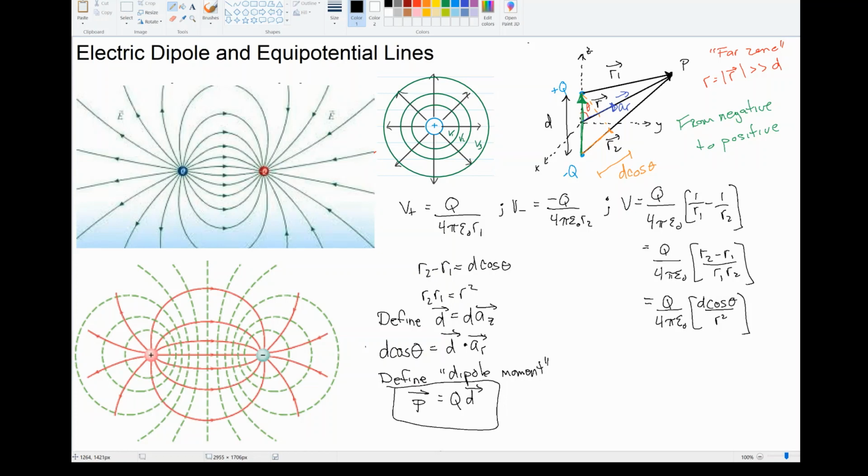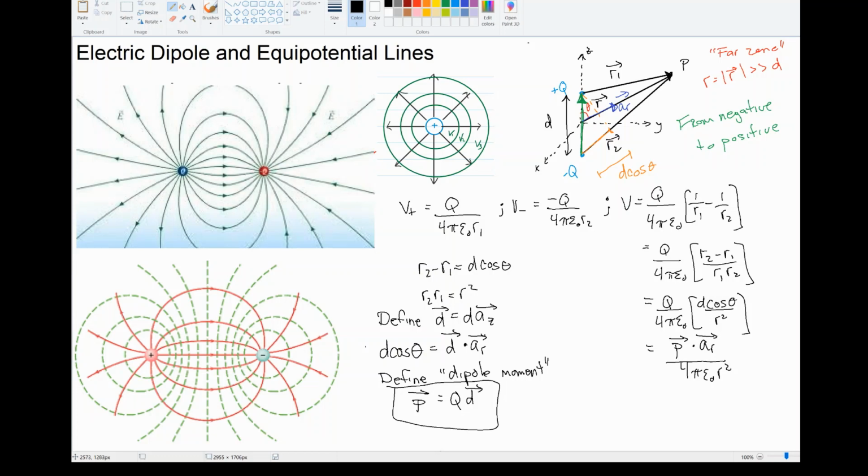That's the dipole moment. Then I can rework the potential due to the dipole as the dipole moment dotted with AR, nice, right, over 4 pi epsilon 0 R squared. So the dipole moment allows us to conveniently express the potential due to the dipole as a dot product.